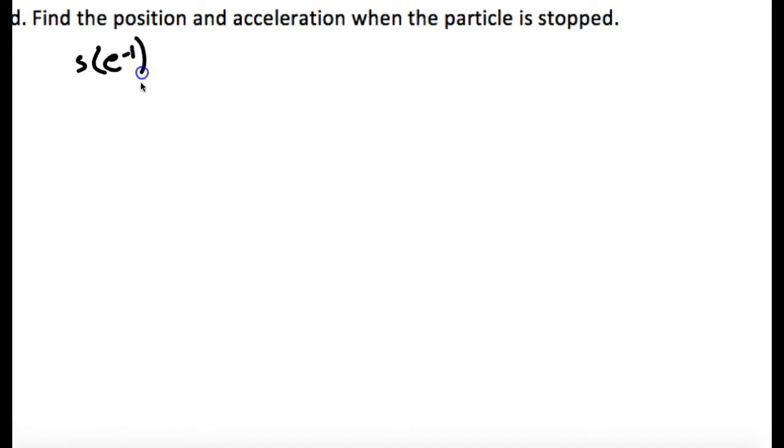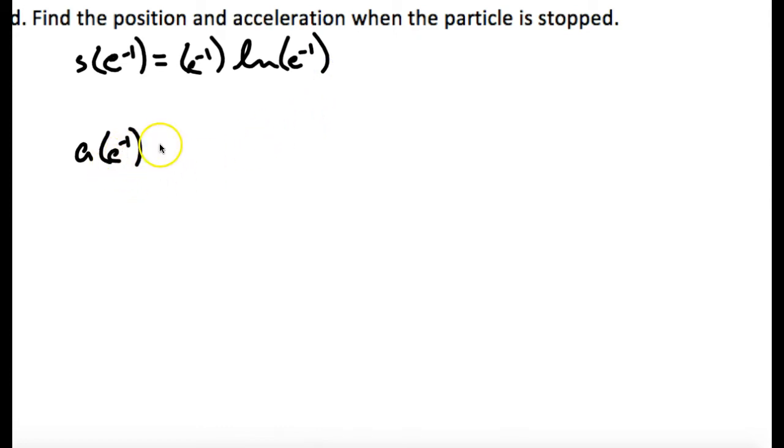I want to plug e to the negative first into my position, and e to the negative first into my acceleration. So position was t times the natural log of t, and my acceleration was just 1 over t.